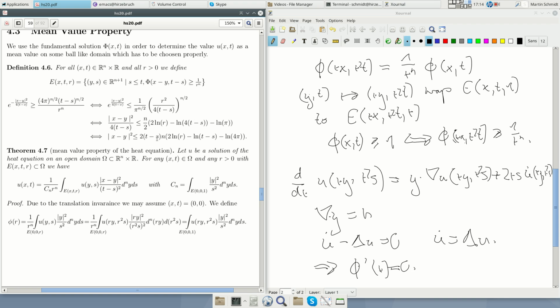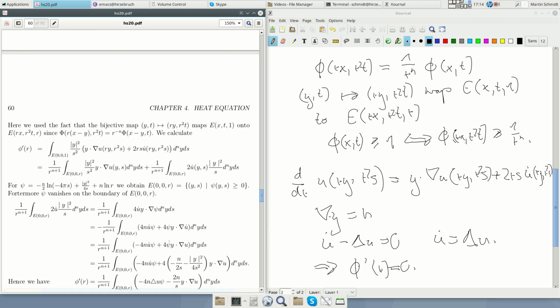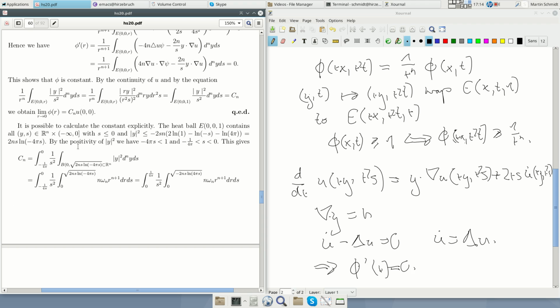Then we only have here minus 2ns, and here r equals 1, so this is 0, and this is minus ln of minus s minus ln 4 pi. So you see this is really exactly this inequality. And the right hand side gives this inequality. So y squared smaller or equal to this.